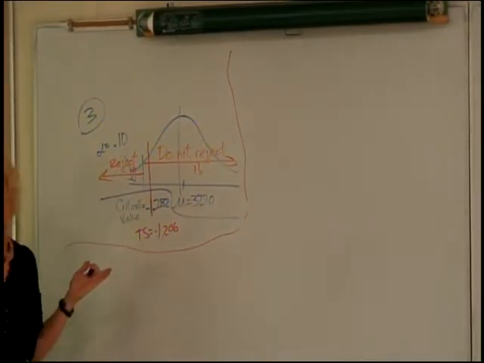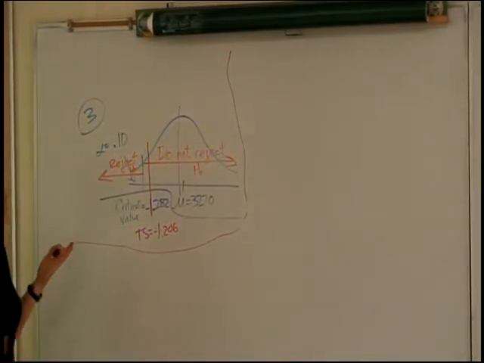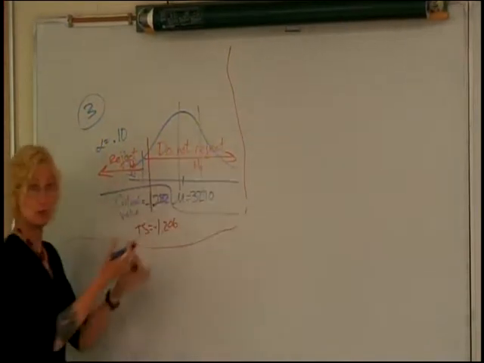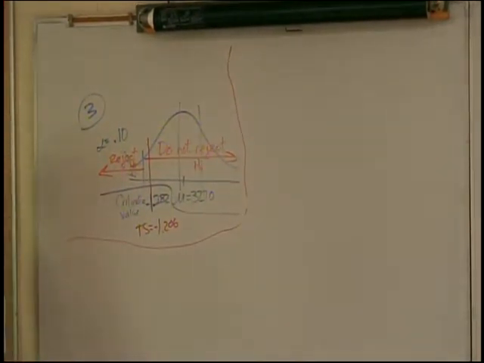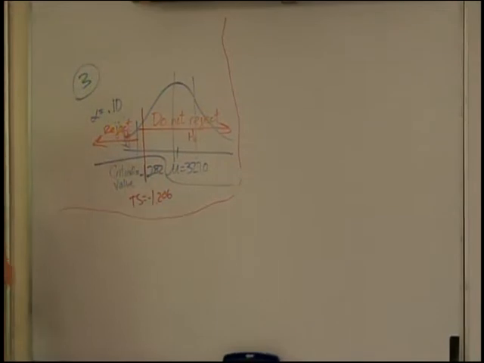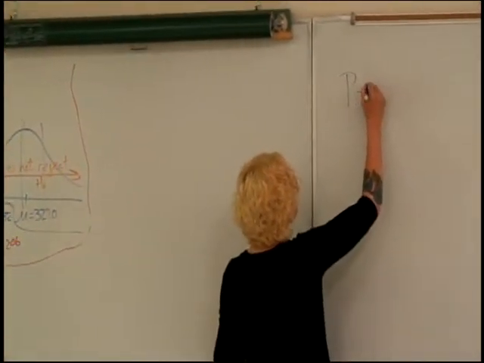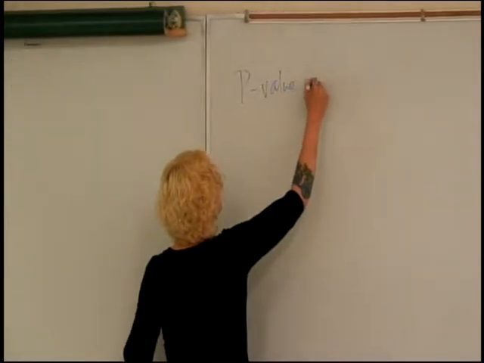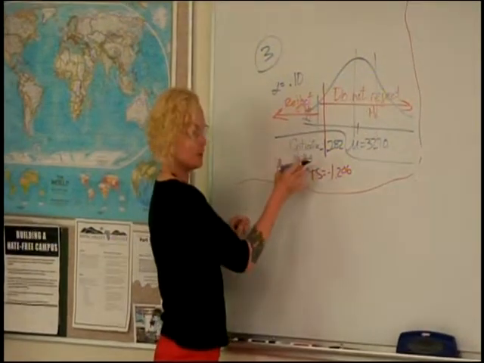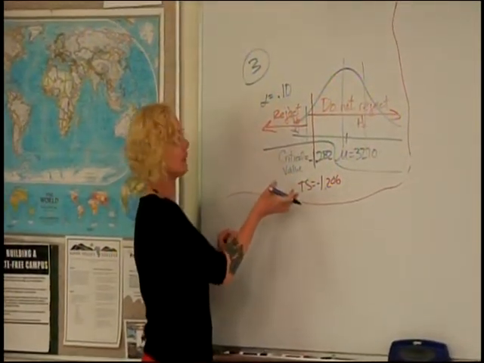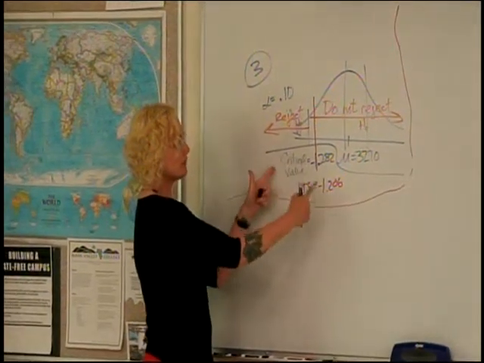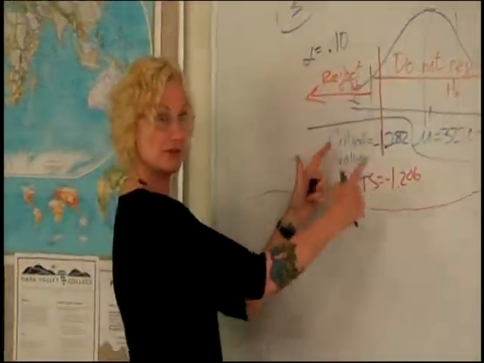We would still not reject, right? It could be anywhere within this region, we would still not reject. So the second way of looking at a hypothesis test is called the p-value method. In the traditional or critical value method, you're comparing the critical value and the test statistic.